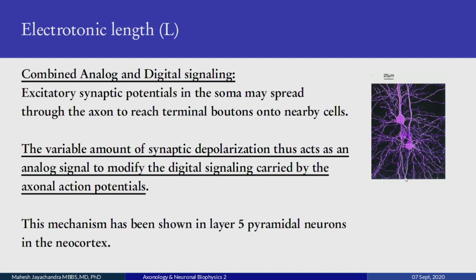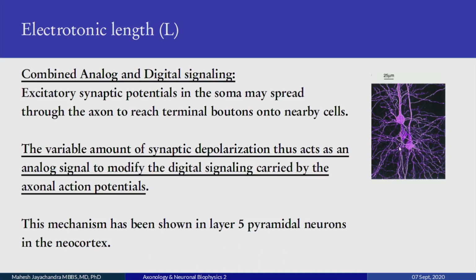Okay. So, you have excitatory synaptic sites on the soma, and they get inputs from different cells, different networks, and depending on the amount of excitation and the amount of inhibition, they modify the analog signals.